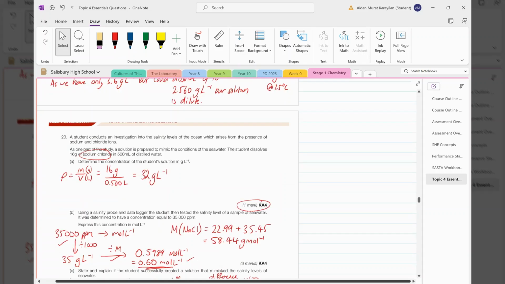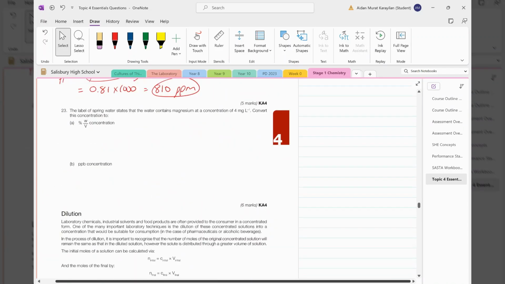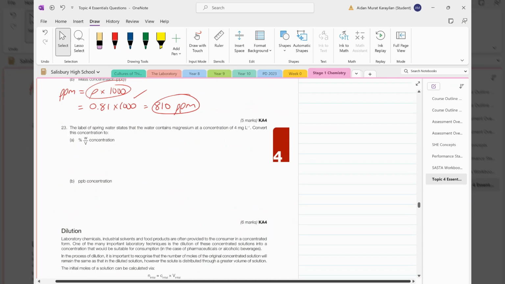So getting down to here, we have percentage weight to volume. Our ppm needs to be divided by 1,000 to get to our grams per litre, and then to get from there to, actually, I'll draw it a slightly different way. We have our ppm needs to be divided by 1,000 to get to grams per litre, and then it needs to be divided by another 10 to get to percentage weight to volume.